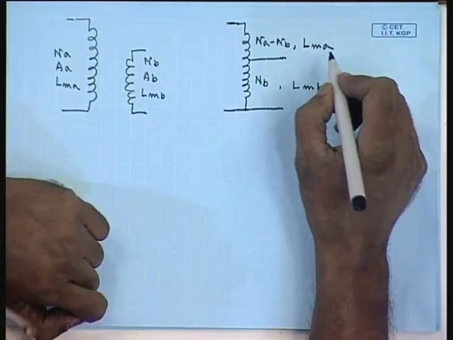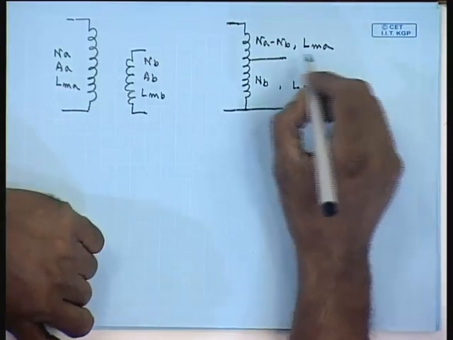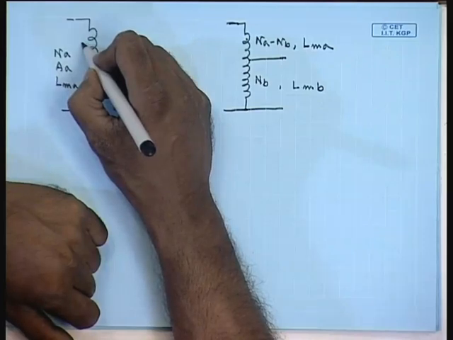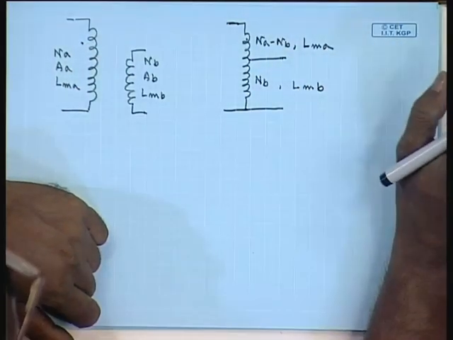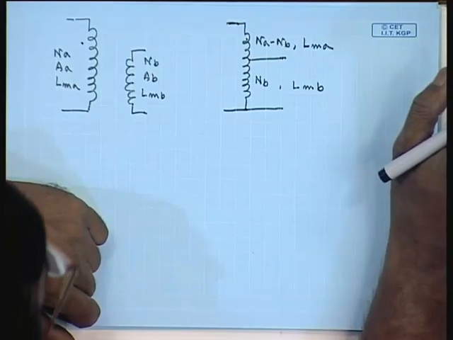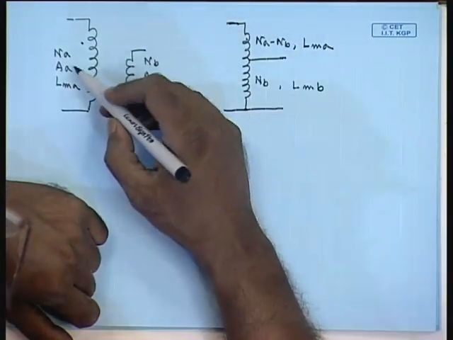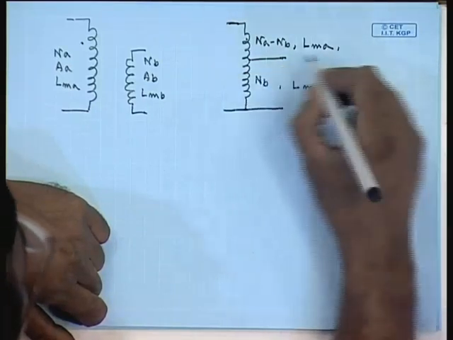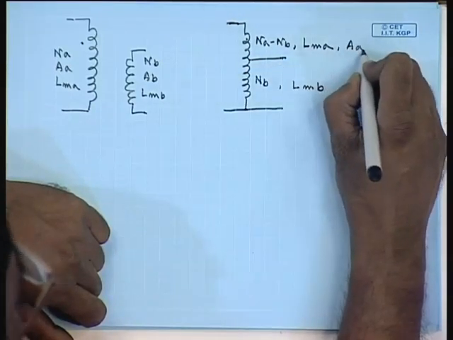Now, let us consider the cross sectional area. This part of the auto transformer and the HV winding of the 2 winding transformer carry the same current if the 2 transformers have the same kVA rating. Therefore, their cross sectional areas should also be the same. So, this part has a cross sectional area of AA.